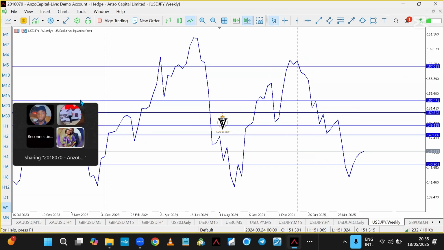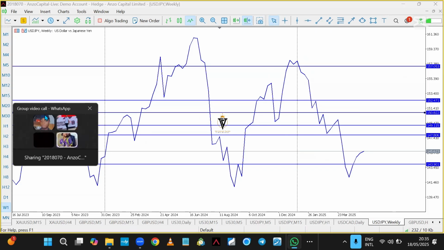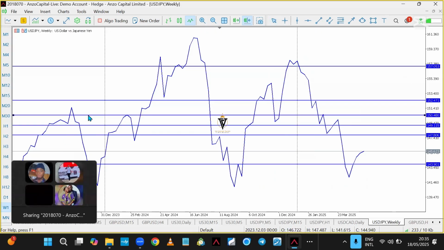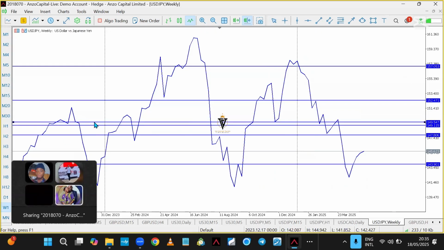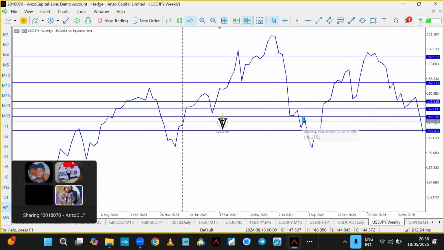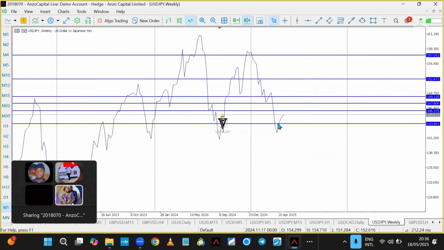Can't find it though. If anybody can see anything on the screen, please help me. It's 3 above already. 1, 2, 3. That's okay. 3 above price.